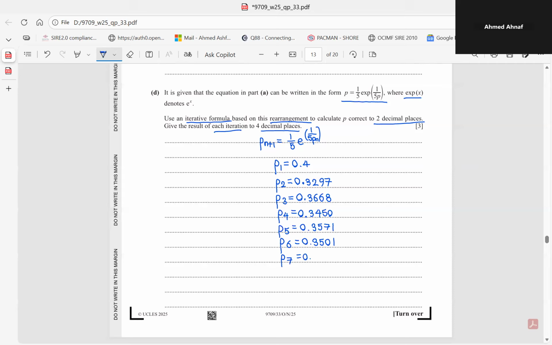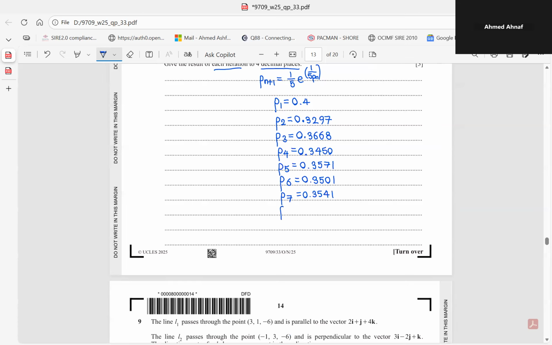We got 0.3541. Yep, we're getting closer and closer. 0.3518. And then P9, 0.3531. One more iteration and I'll stop. 0.3523.